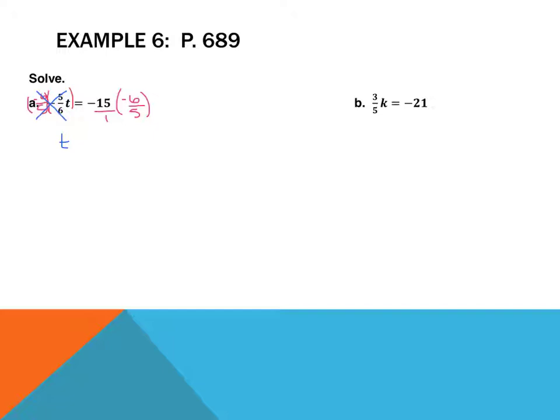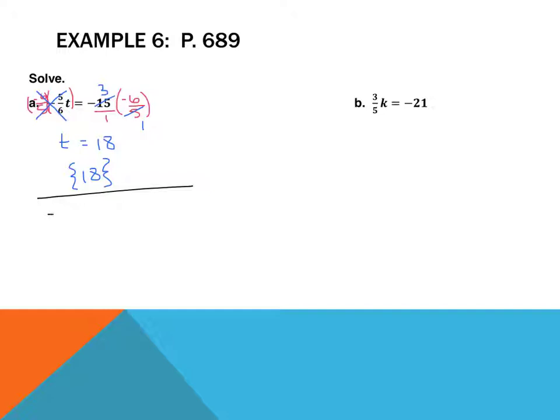Cross-reduce, so the 5 and the 15 are both divisible by 5, so that's 1 and 3. And then we'll multiply straight across. So negative 3 times negative 6 is positive 18. 1 times 1 is 1. Okay, and then we want to go back and check.